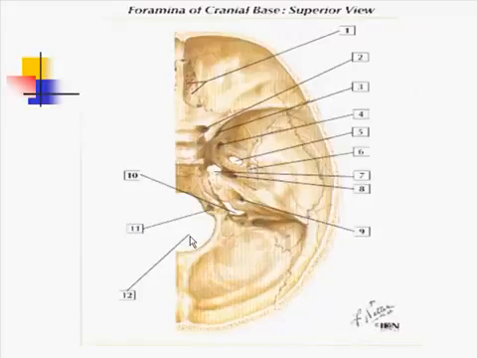Okay, if you were to look at the superior view and we take a look at all these different foramina, I wouldn't get too worked up over it, but there are some that are very important to dentistry.